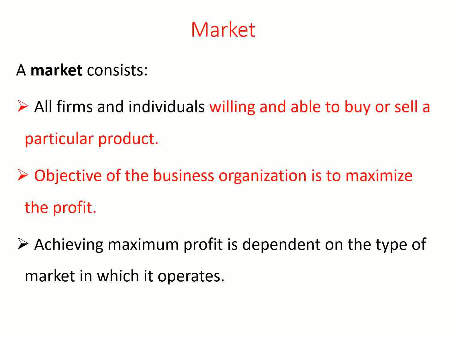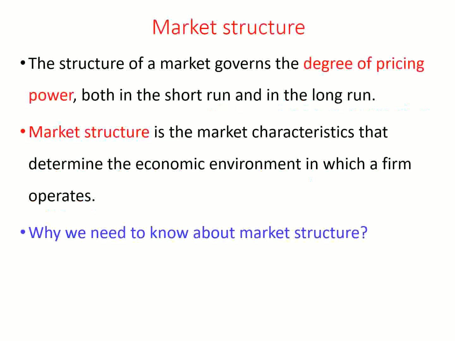And the second point is that the objective of any business organization is to maximize profit. To maximize profit, any business organization is dependent on the type of market structure in which it operates. And in turn, the structure of the market governs the degree of pricing power.